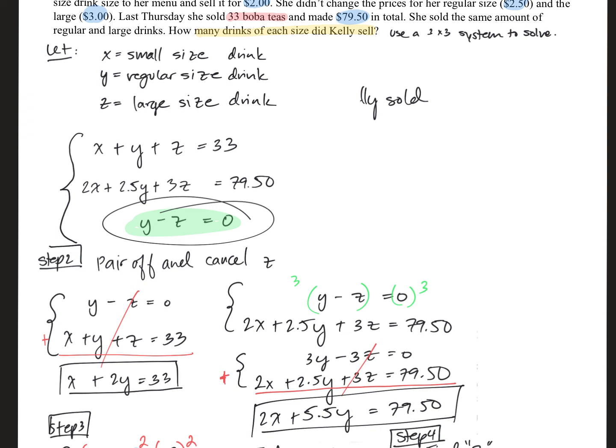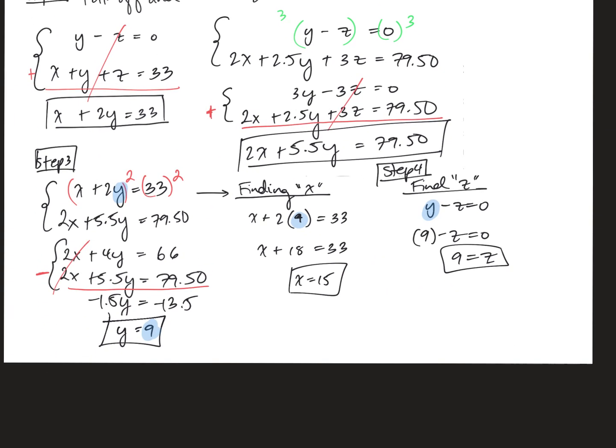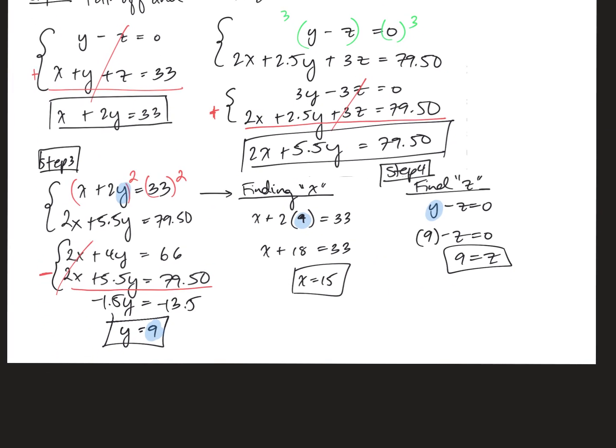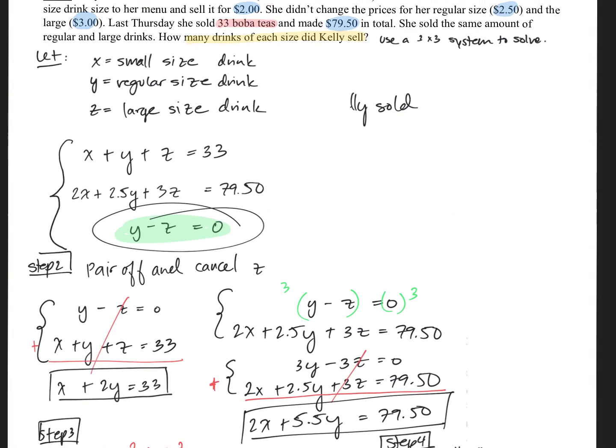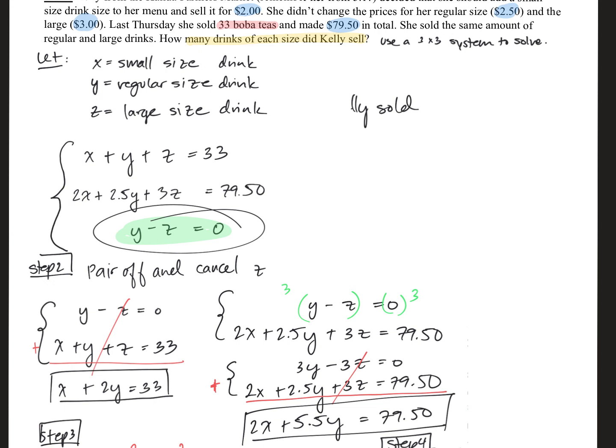So Kelly sold what? Well, it looks like she sold 9 of the large, 9 of the regular. Oh, sorry. Yeah, 9 of the large, 9 of the regular, and what was x? x was small.